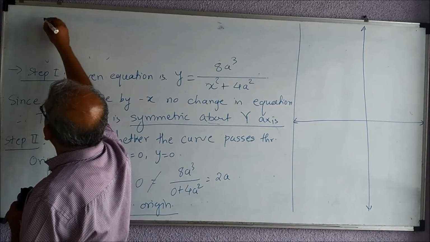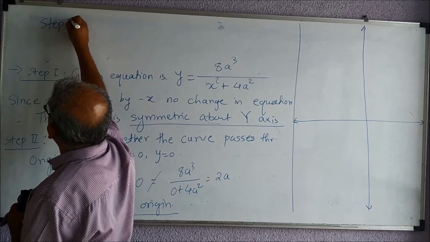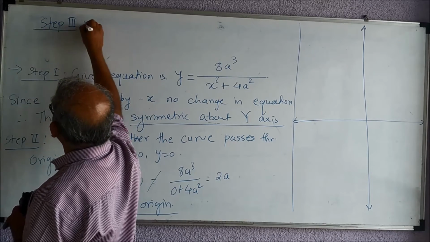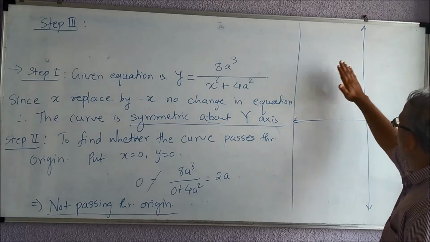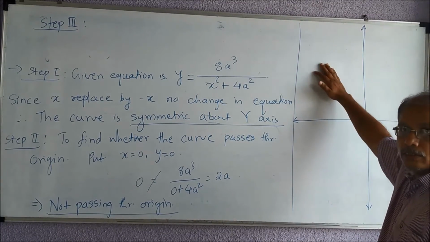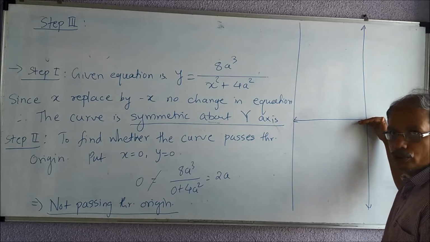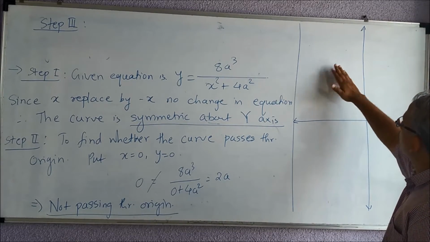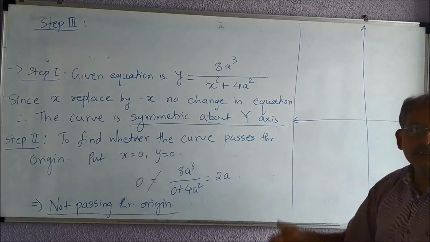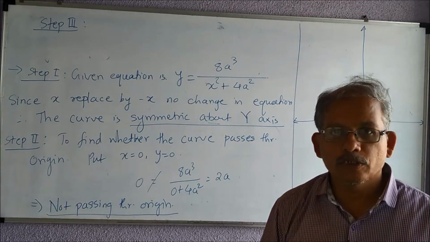So step 3. Now see that the curve is symmetric about the y-axis like this, and it is not passing through the origin. Then since it is symmetric about the y-axis, it should intersect the y-axis somewhere, obviously.